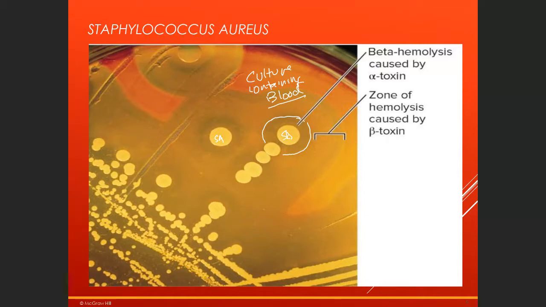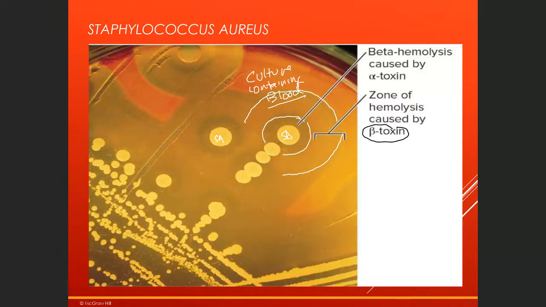Hemolysin, and also the alpha toxin. So this blood is actually being destroyed. Therefore, you don't see blood around here because it is destroyed or digested by this Staphylococcus aureus. It also gives another area over here, which is caused by a second toxin.